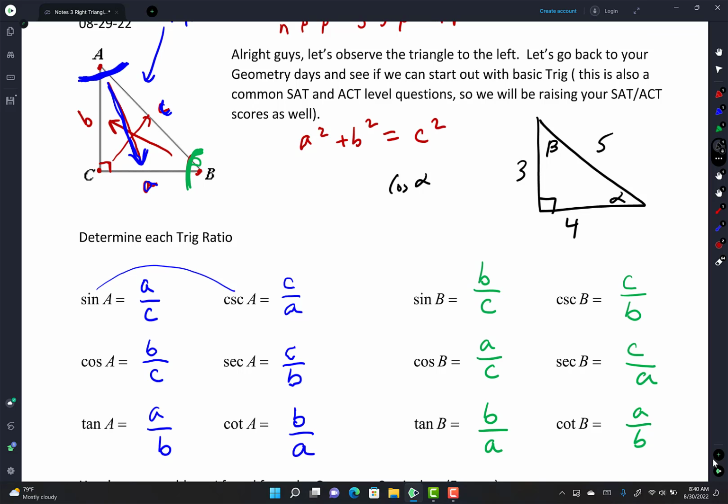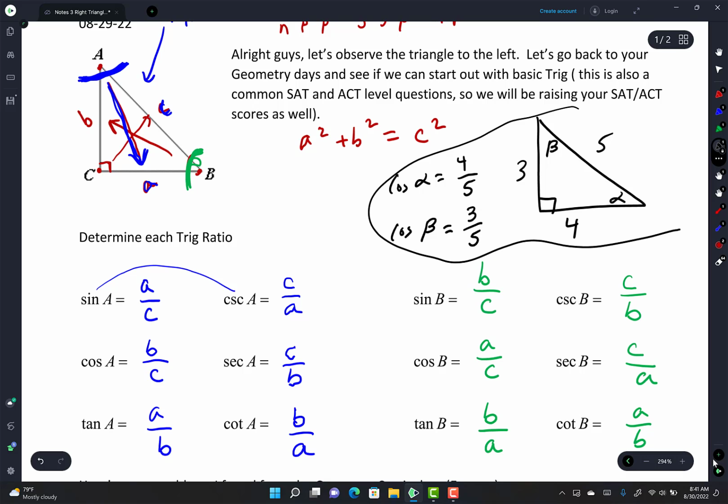The 3 or the 4? Which one is it? 4. And then what's hypotenuse? 5. So if I were to tell you cosine of beta, with respect to beta, what is adjacent? 3. And then hypotenuse is 5. So that's just an example. It comes out all the time in the SAT, ACT.